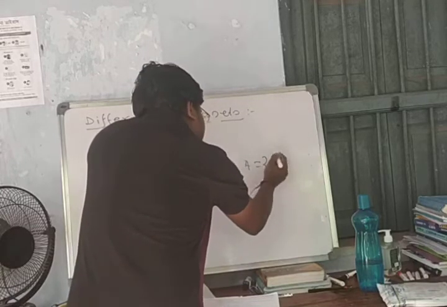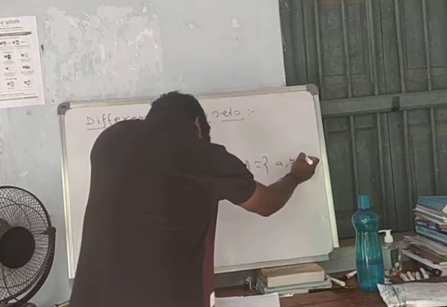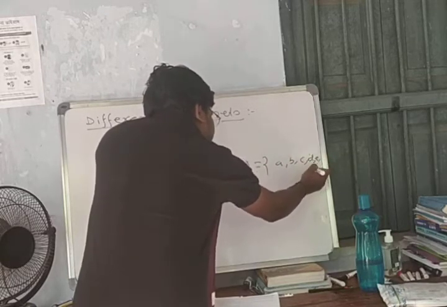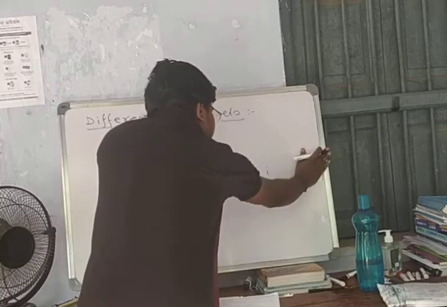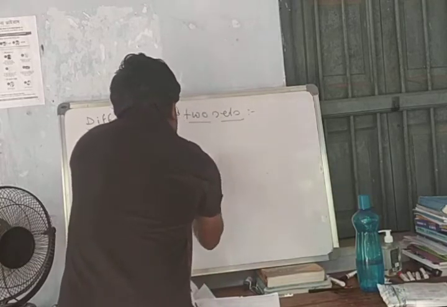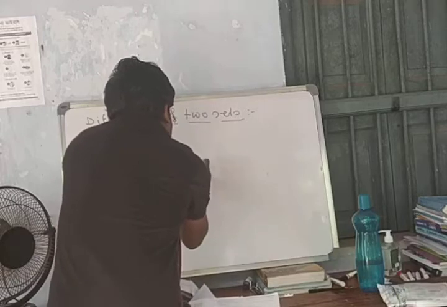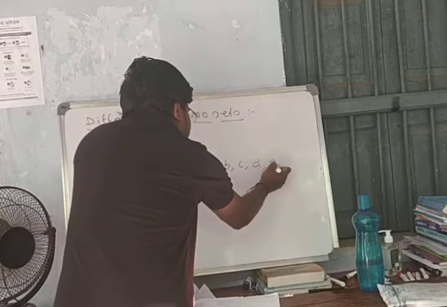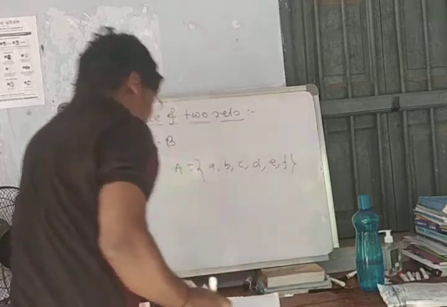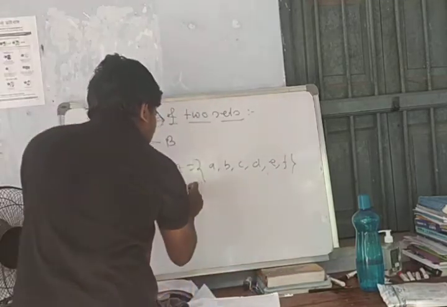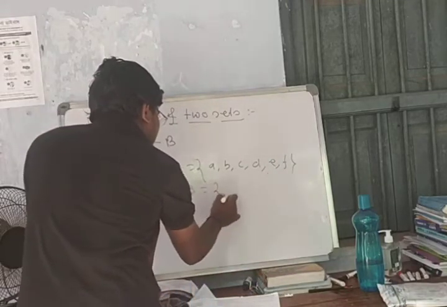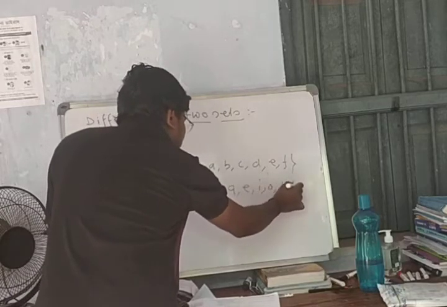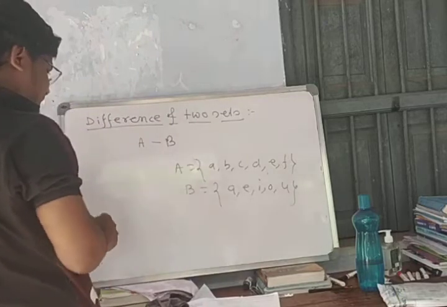Suppose I write A equals a, b, c, d, e, f. This is the set A. Now B equals a, e, i, o, u. This is the set B.